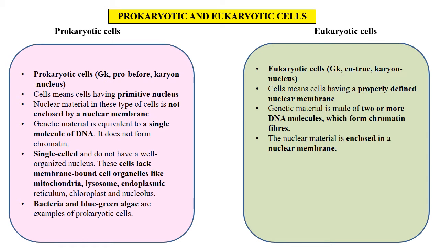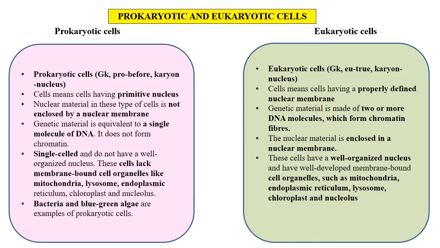These cells have a well-organized nucleus and have developed membrane-bound cell organelles such as mitochondria, endoplasmic reticulum, lysosome, chloroplast, and nucleolus. Eukaryotic cells occur in plants, animals, fungi, and protozoa.